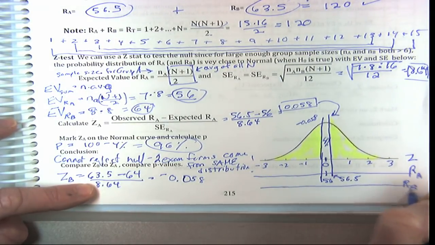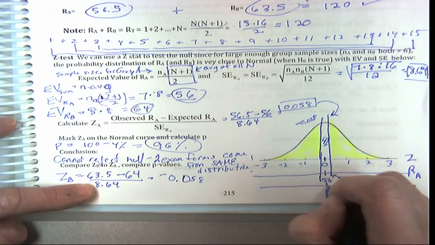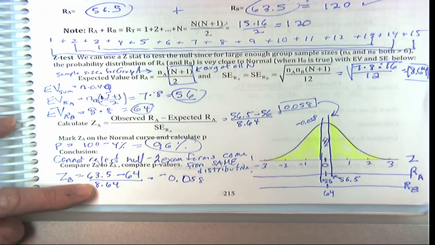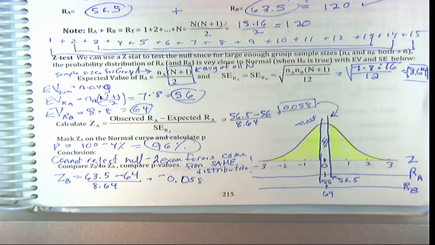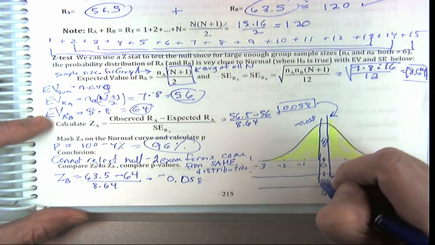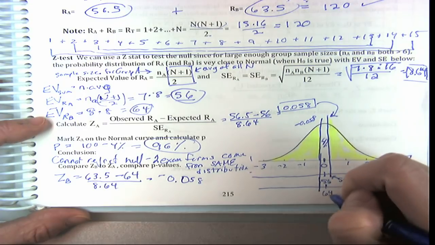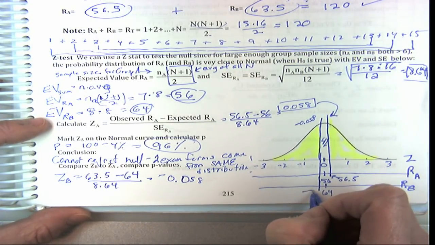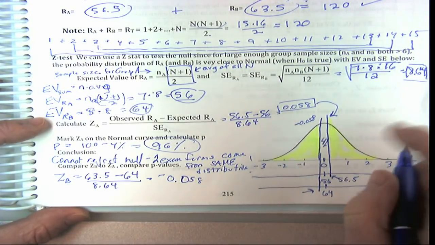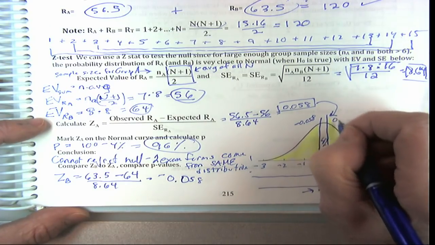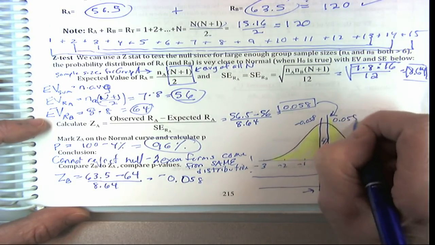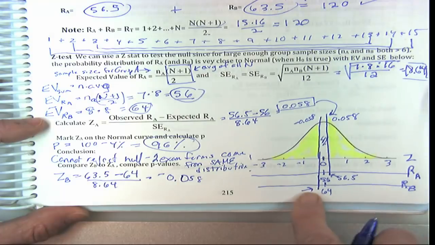just to show you. Our B has 64 in the middle, and its expected value is 64, and our observed value is always just going to be the... so here we have 0.058 for one of them, and it'll just be the opposite.